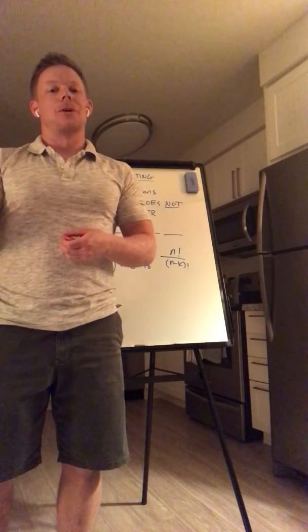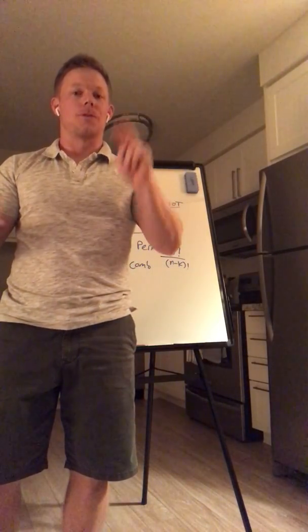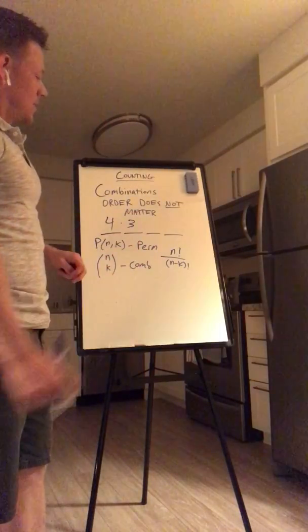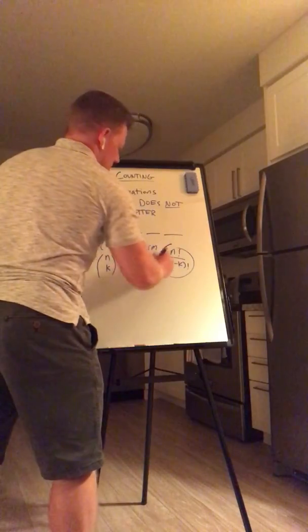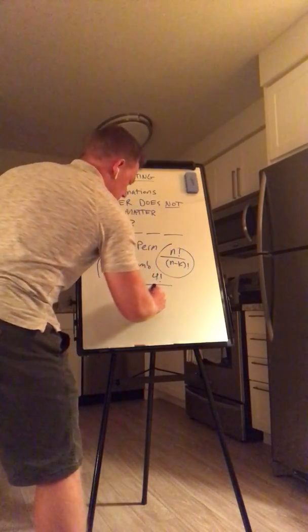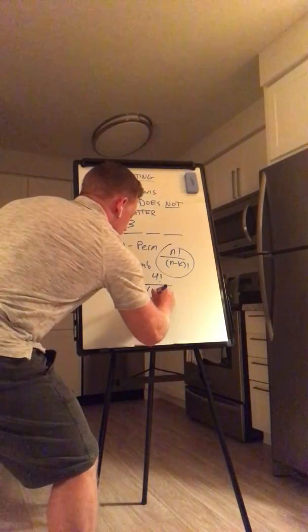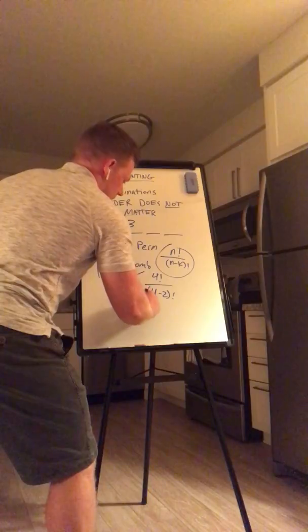So we've really double counted every single combination, just by an order of 2 in this case. For this case, 4 factorial divided by 4 minus 2 factorial. We want to take this whole thing.